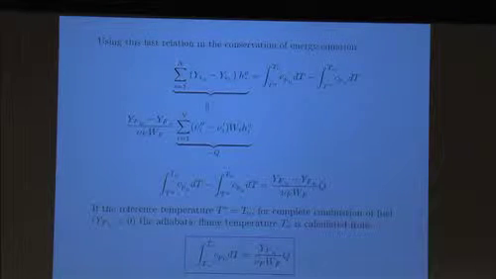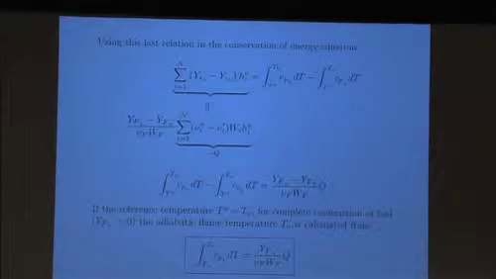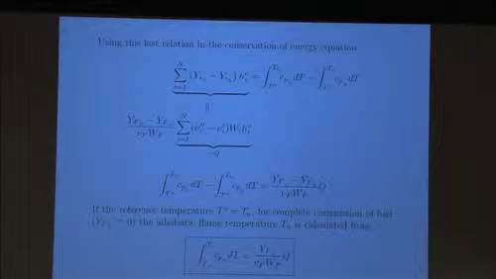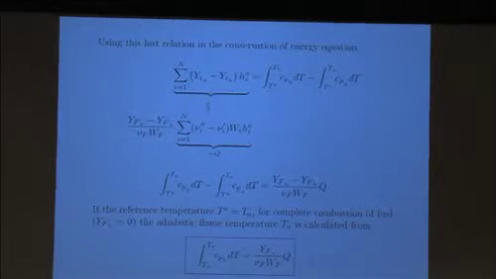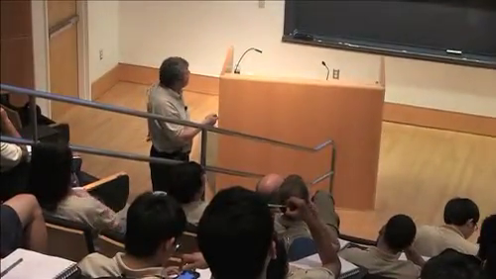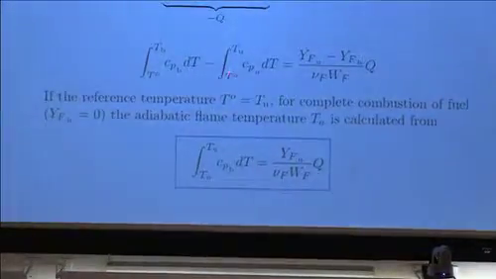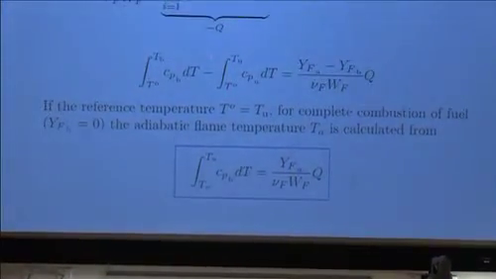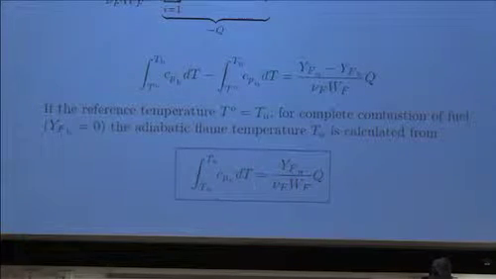Okay. Now, just for simplicity, let's assume that the reference, if not, then you have an extra integral in that expression, which is known, so it's not a problem. But I can assume that the reference temperature is exactly T unburned, just to simplify the algebra. So if I assume that, then I have an integral here from T_u to T_b and from T_u to T_u. So this one is gone, and so that's the only thing left, which is here.